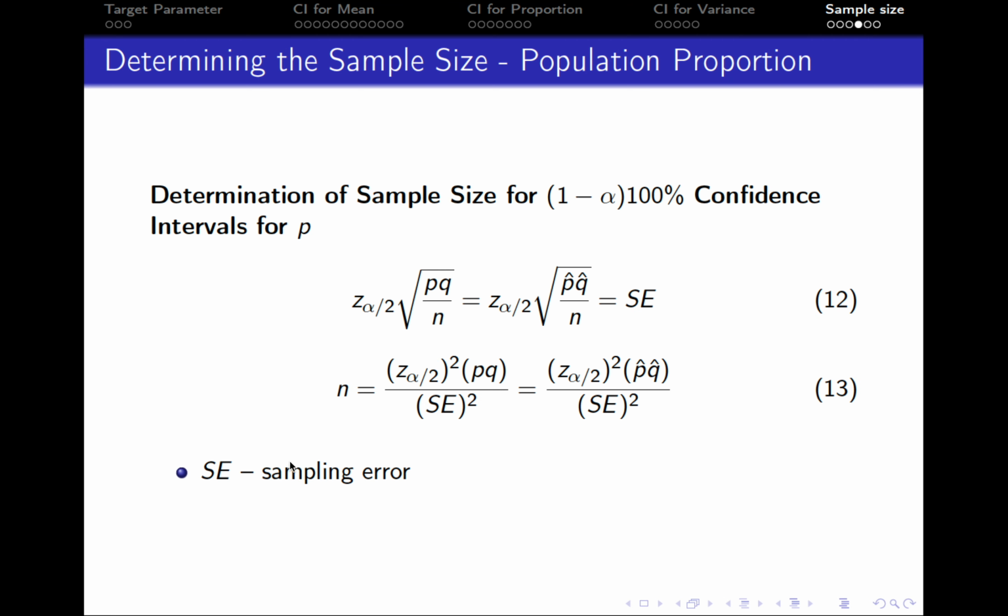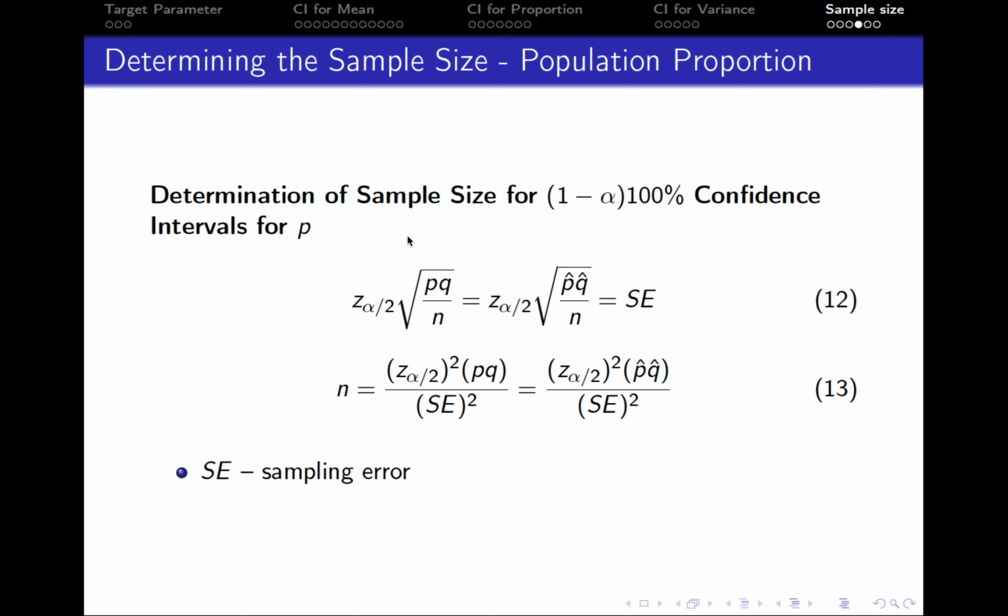And now let's see how we can determine the sample size using the information about the confidence interval for population proportion. So similar to the case of population mean, first we need the equation for sampling error, which is nothing else but just the factor that we added or subtracted from the sample proportion. So the critical z-score multiplied by the square root out of PQ divided by n.